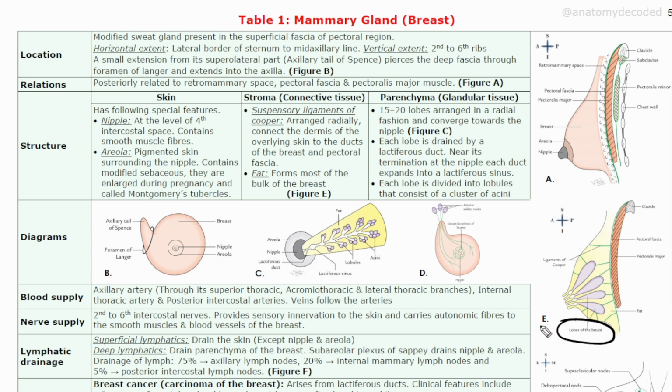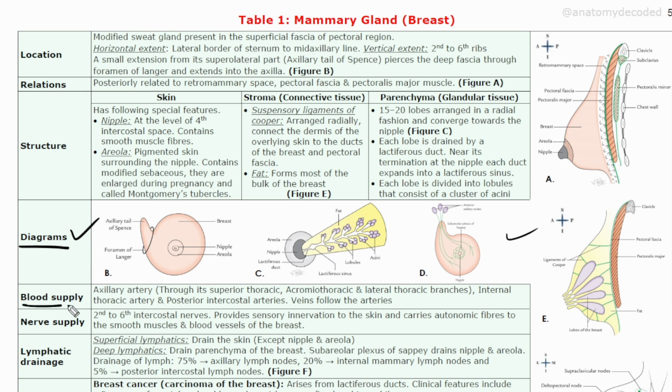The lobes form the parenchyma, in between them the connective tissue is there, that's the stroma, and outside it is covered by skin. I've mentioned diagrams as a special heading because whenever you write the answer, multiple diagrams are expected, so you can all use these schematic diagrams in your answer.